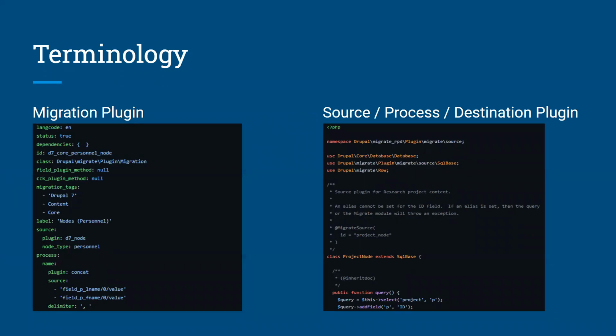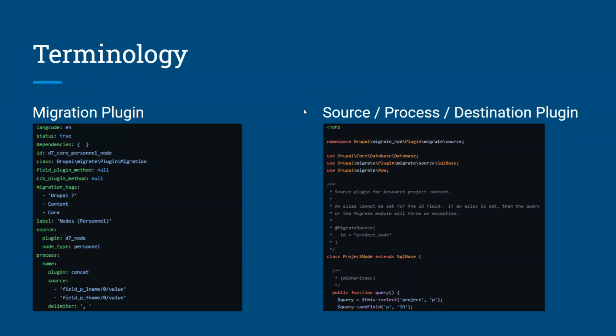Over on the left-hand side, we have an example of a migration plugin. This is a YAML file that you include in a custom module. There are plenty of them in core as well, responsible for doing the upgrading from Drupal 6 or 7, that defines a migration, where the data comes from and where it's going to and how it gets there in between.